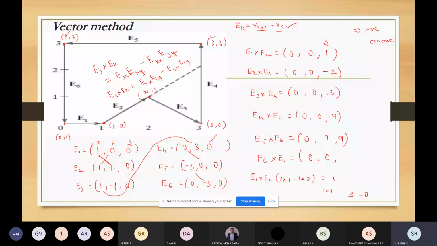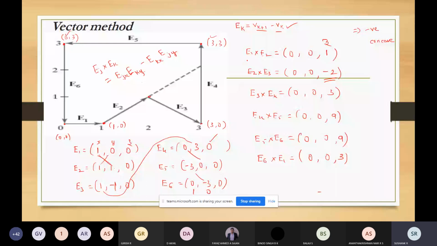So now we have got the cross product of E1, E2, E2, E3, all the edges. Now in the z component, check where the value is negative. For all the edge products, like vector products, for E1, E2, z is positive, positive, positive, positive, positive.